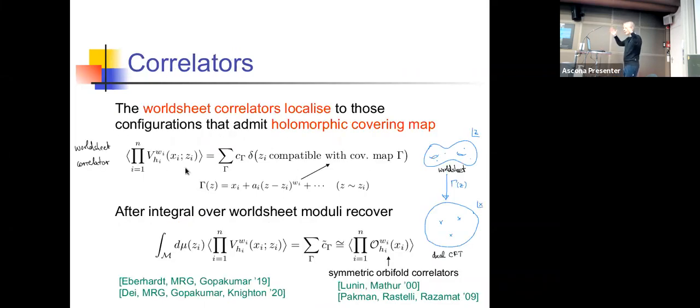So this tells you that this worldsheet theory produces exactly the spectrum of the symmetric orbifold theory from the worldsheet perspective. But in fact, also the worldsheet correlators come out correctly.